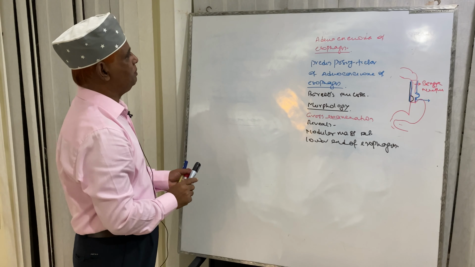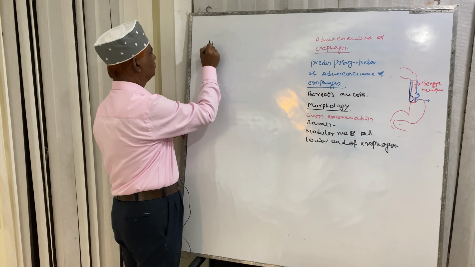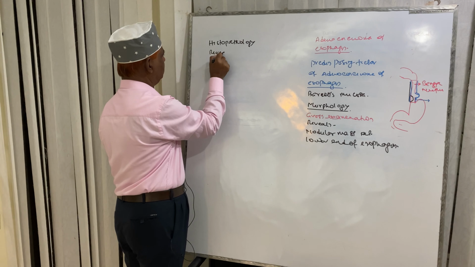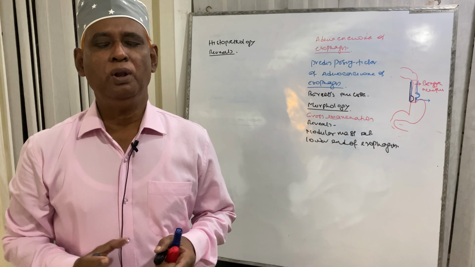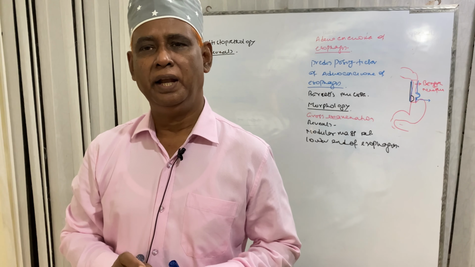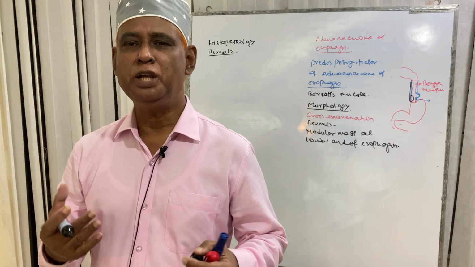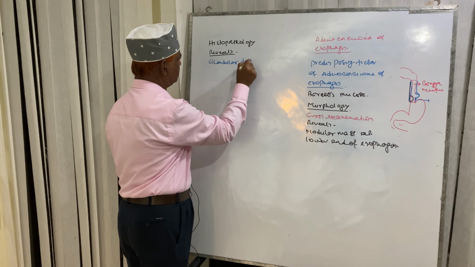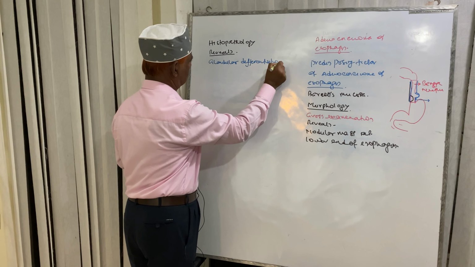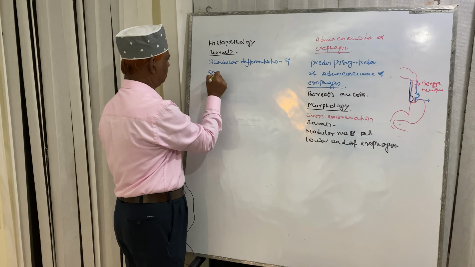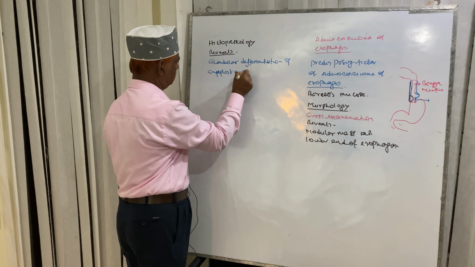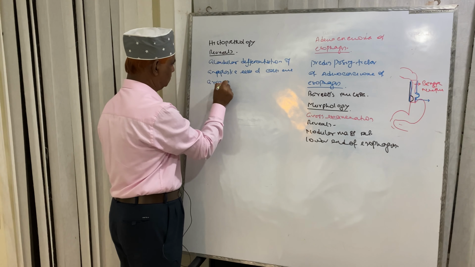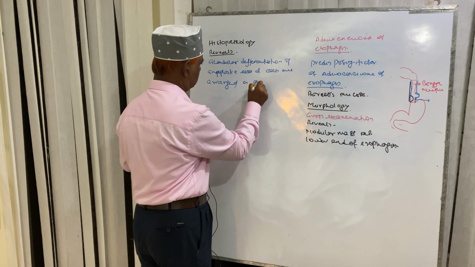Now come to histopathology of adenocarcinoma of the esophagus. Histopathology reveals glandular differentiation of anaplastic cells, and the anaplastic cells are arranged as glands.